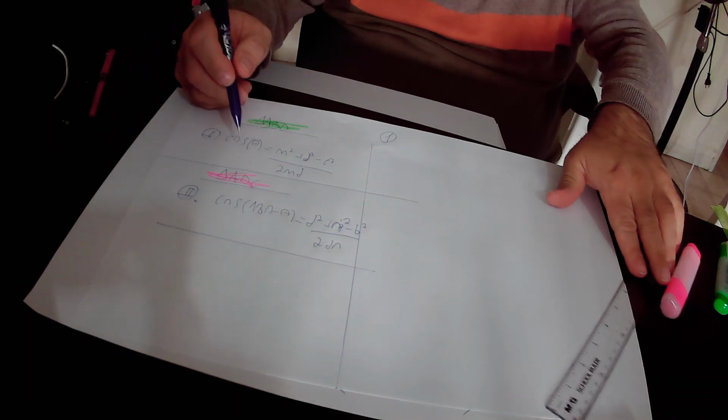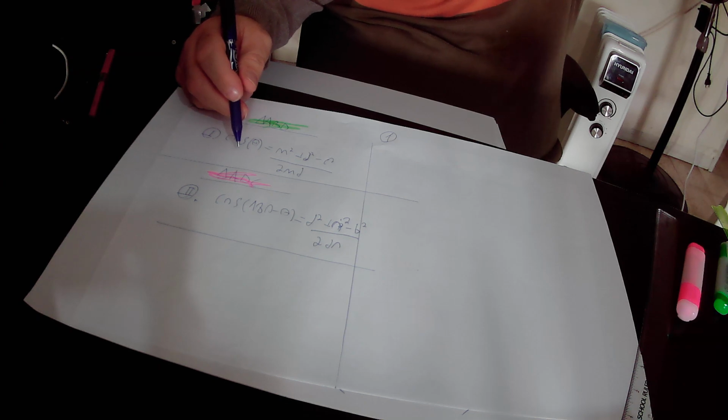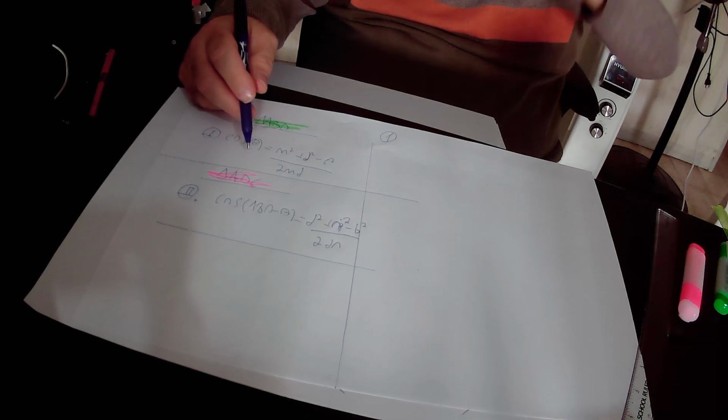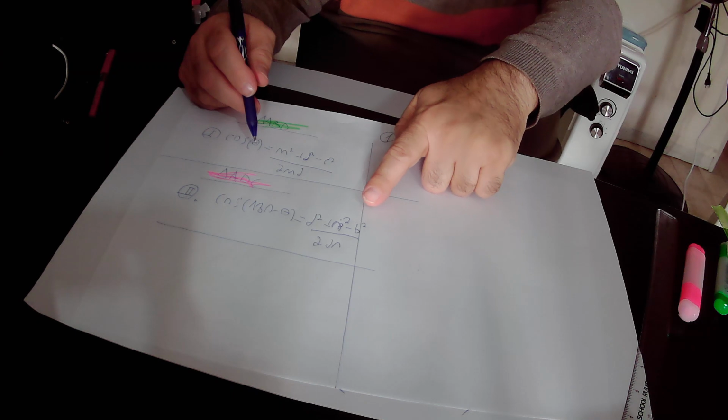Again, in the pink triangle ADC, cosine of 180 degrees minus theta equals d squared plus n squared minus b squared over 2 times d times n.